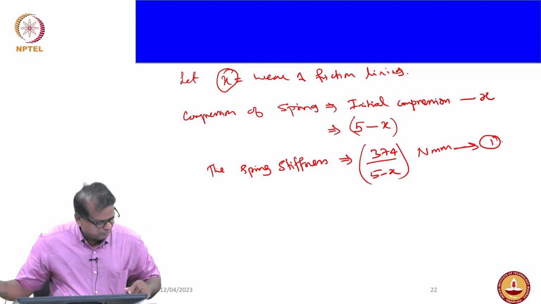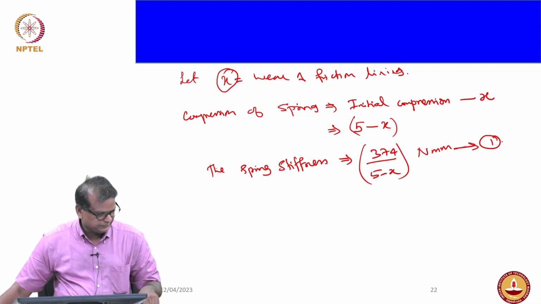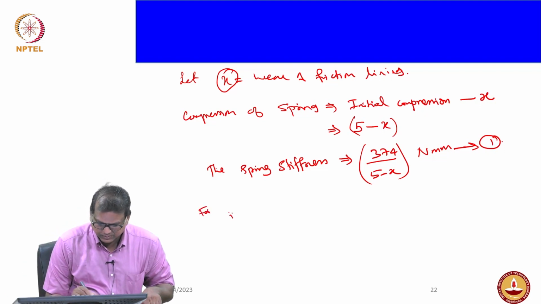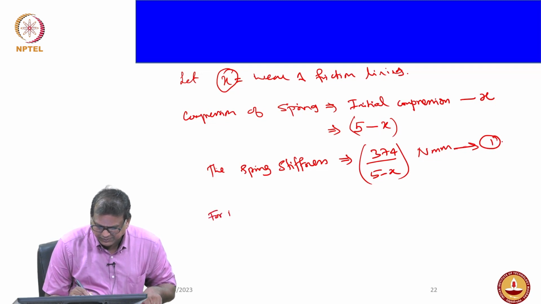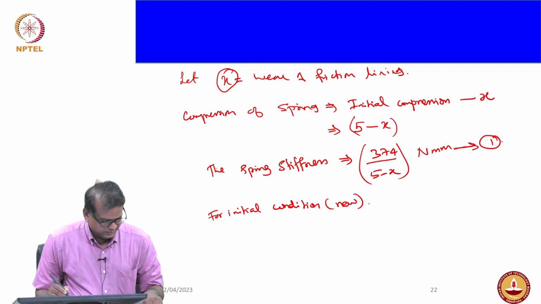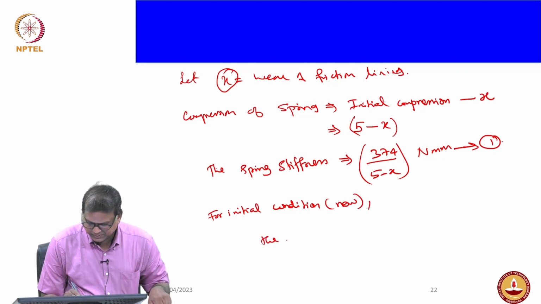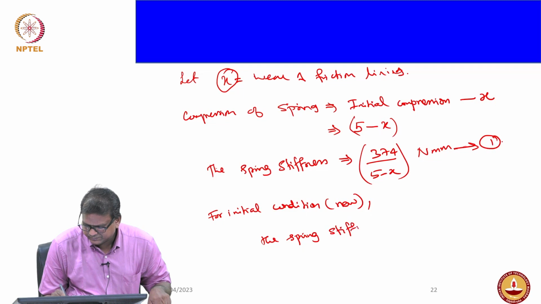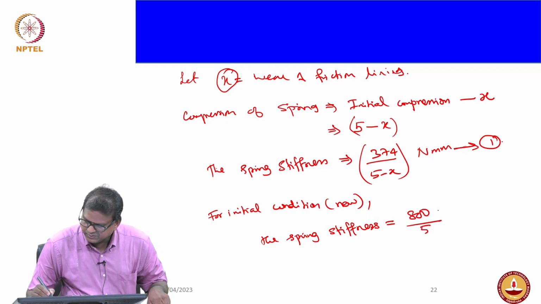So we are going to equate both. For the initial condition, meaning as new, the spring stiffness is 800 by 5, so much Newton per millimeter.